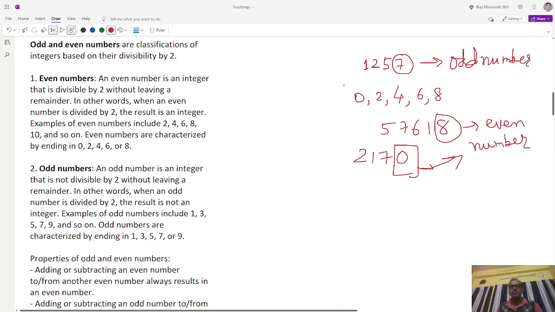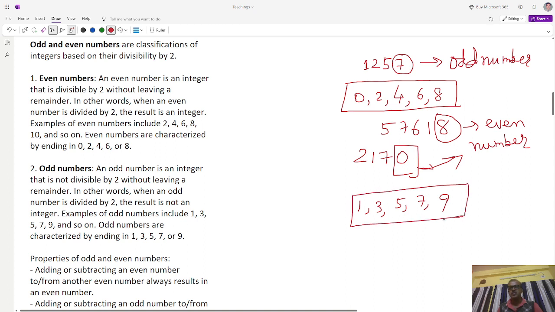Here I told you, an even number is characterized by the unit digit of any number: if it falls on these numbers, then the number is an even number. Similarly, any number ending with 1, 3, 5, 7, 9, which are not in this series, then the number is an odd number. Okay.